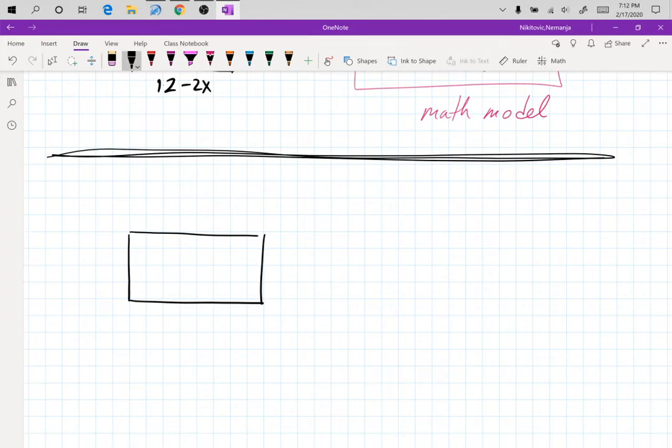So here is the pool, and the pool is 10 by 20. They did meters, so this is 5 times my height right here, and this is 10 times my height over here.